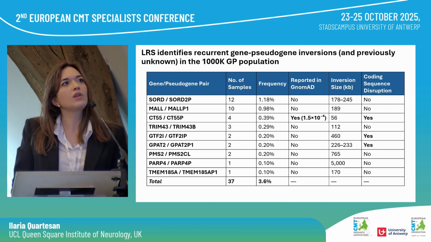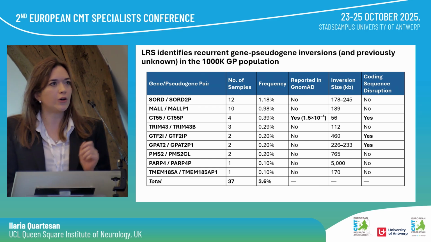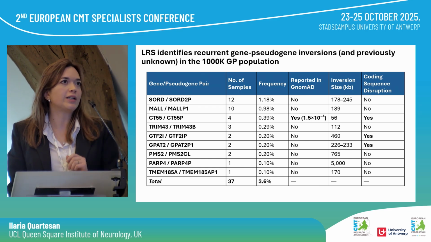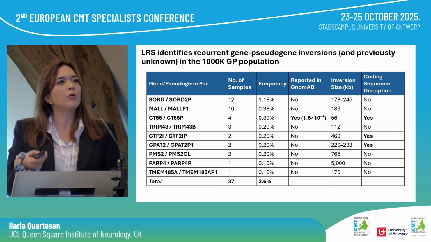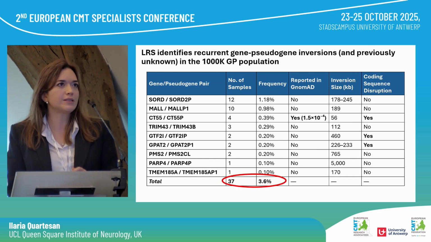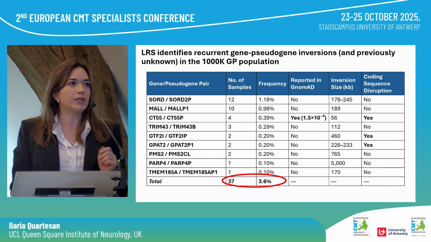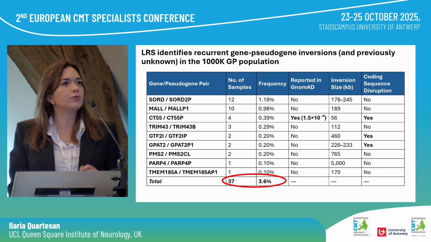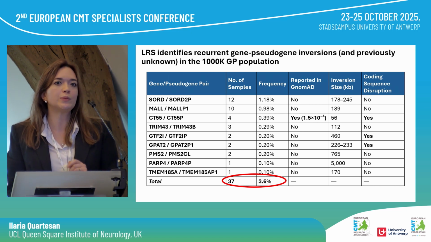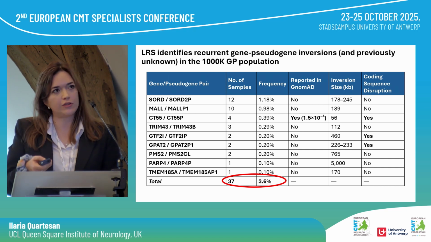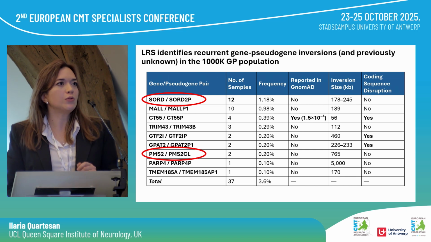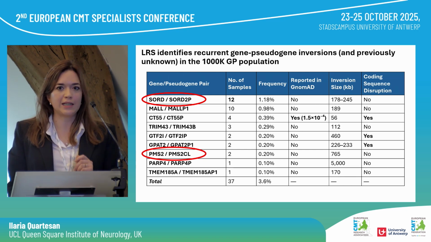Checking for the actual occurrence of inversions in the 1K Genome Project population, we identified a total of 37 inversion events in 9 gene-pseudogene pairs, meaning that almost 4% of the genomes contained one inversion. And two genes stood out as clinically relevant.